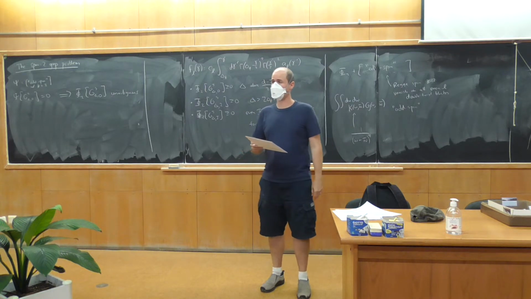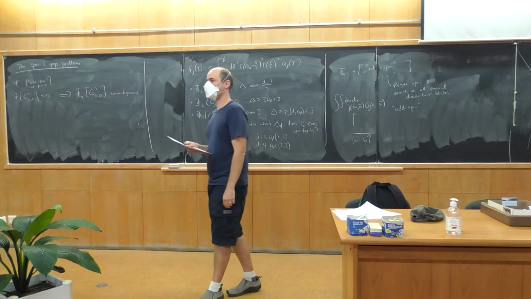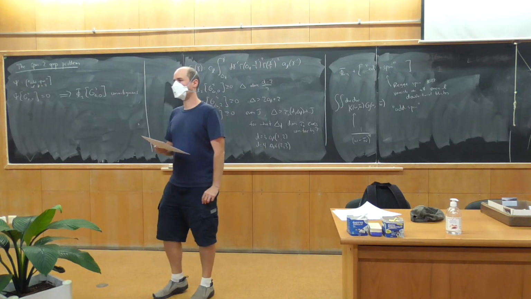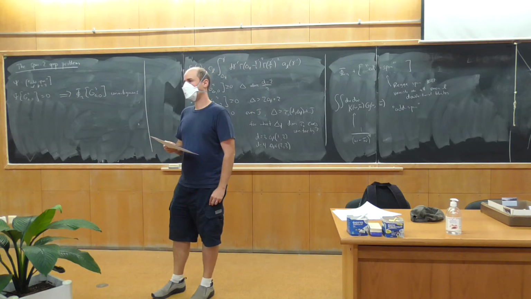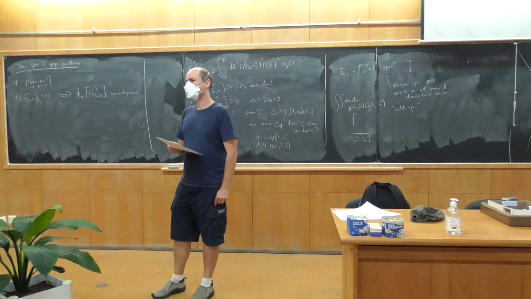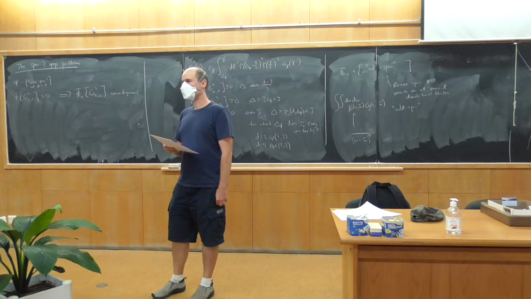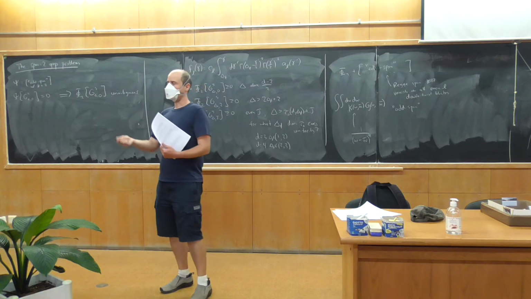Can you add some new layer in the bootstrap algorithm, like minimizing something, that makes you converge within this space? Yes, probably you can add a condition that makes the solution unique. Normally you don't expect you can add another condition.